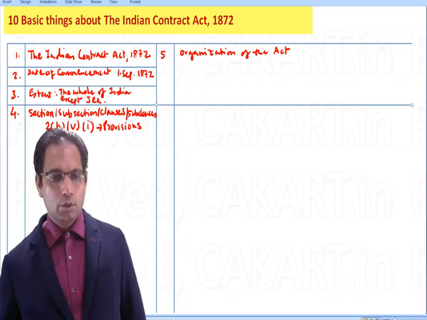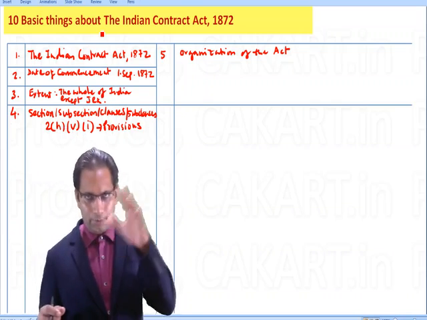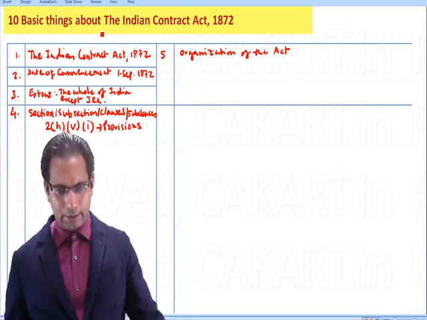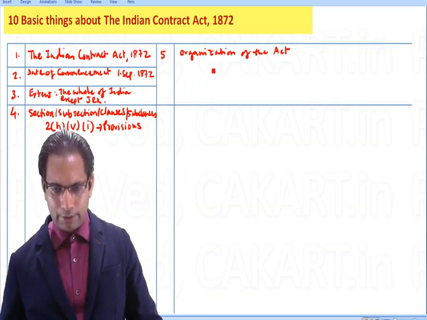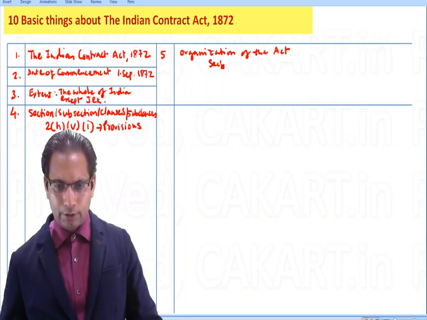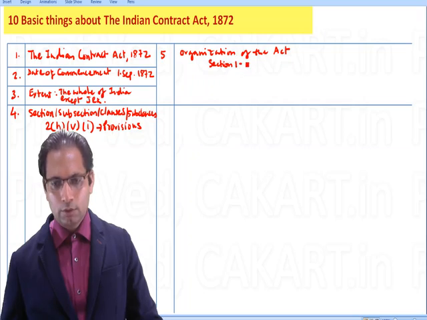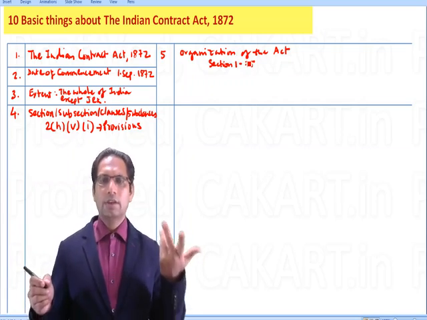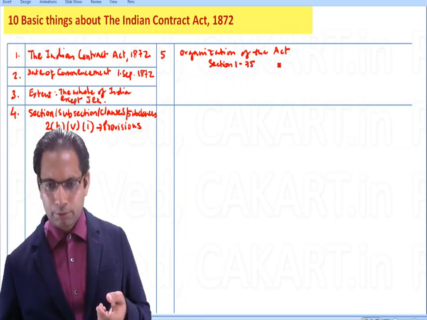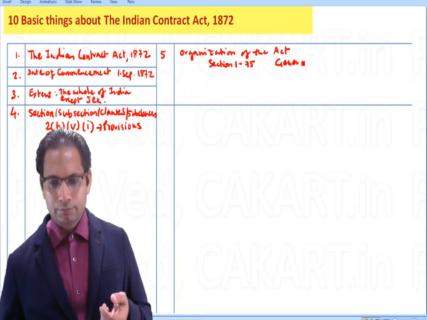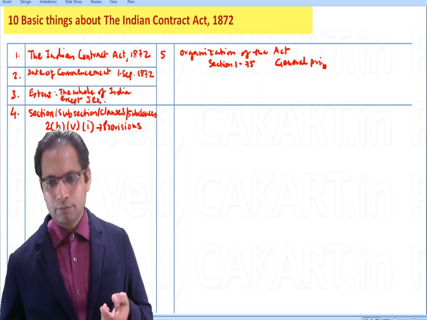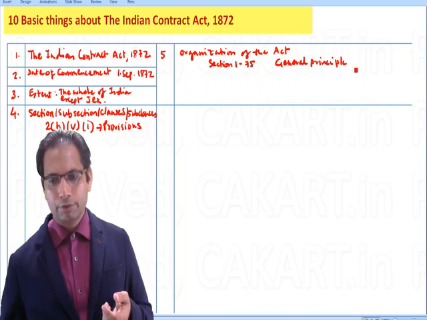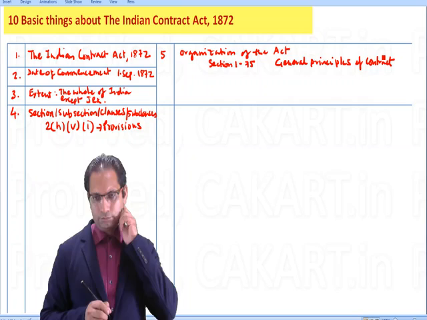I hope you saw when I was looking at the Contract Act and you figured it out yourself: section 1 to section 75 relates to the general principles of contract.